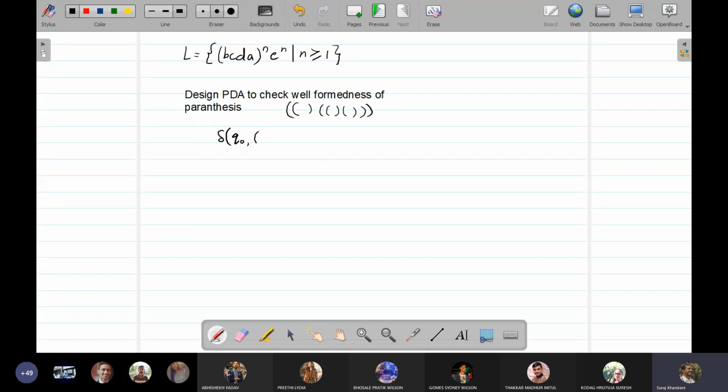So this is in Q0, stack top is R. In Q0, we get opening bracket or opening parenthesis. Stack top is R. We push X onto the stack.